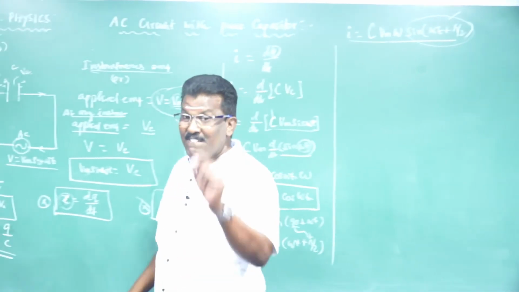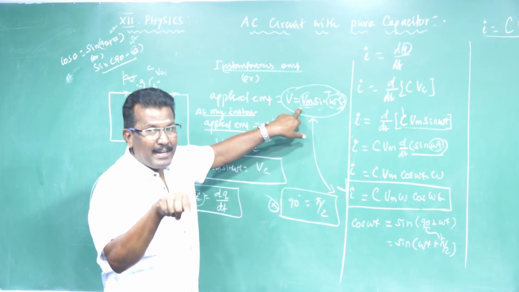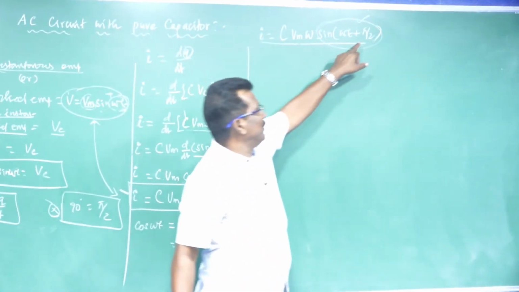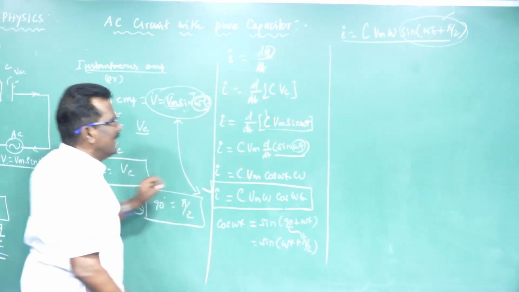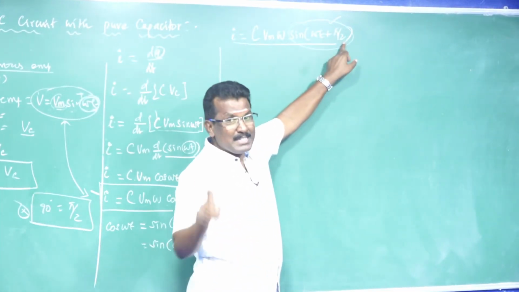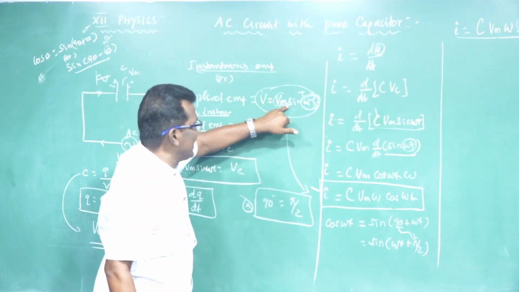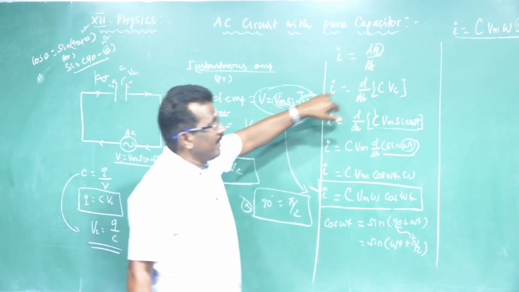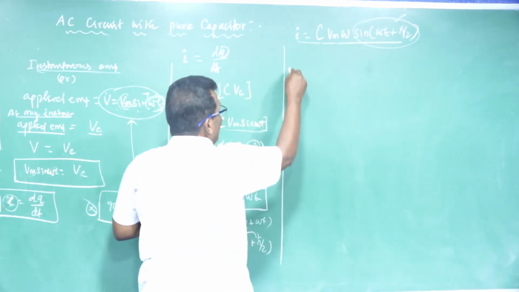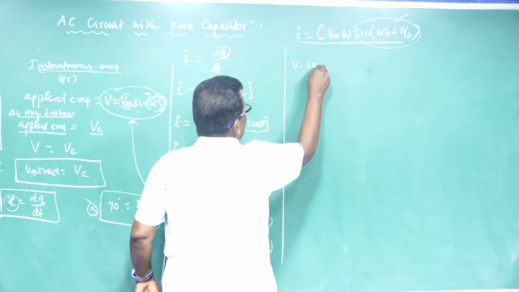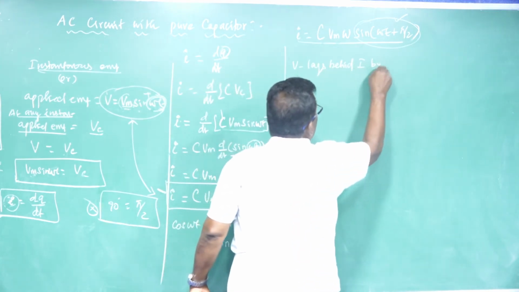That means V compared with I lags behind by an angle of pi by 2. This is the phase omega t, and this is the phase omega t plus pi by 2; that's the phase difference. So V is equal to Vm sin omega t, I is equal to C Vm omega sin omega t plus pi by 2. So V lags behind I by pi by 2.